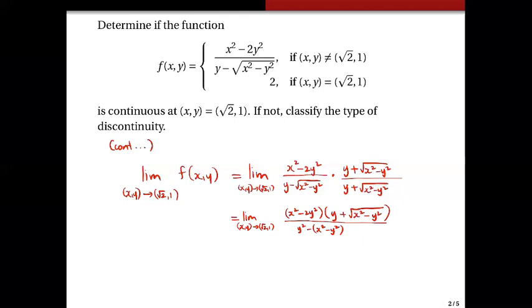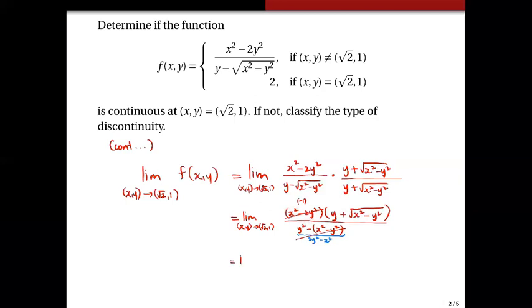If you calculate this, this is simply 2y squared minus x squared. And you have here x squared minus 2y squared. So we can just cancel these, and we will be left with -1.